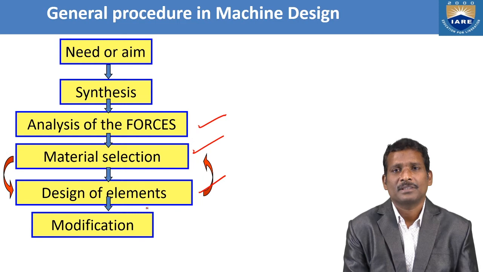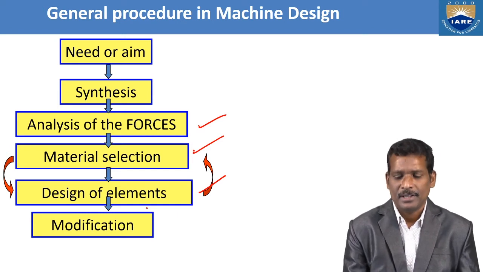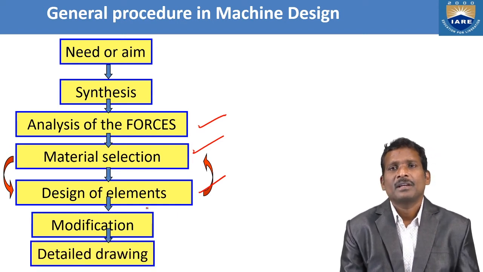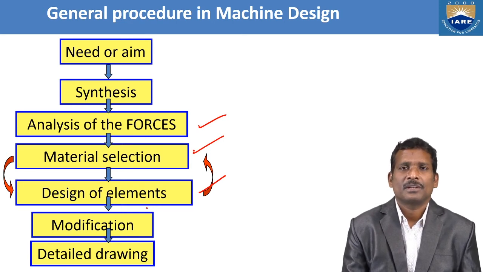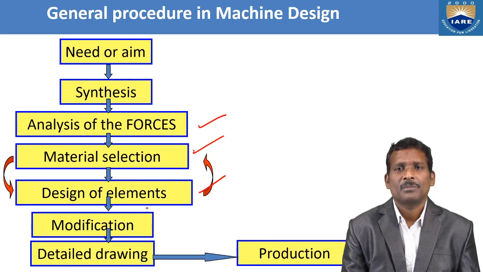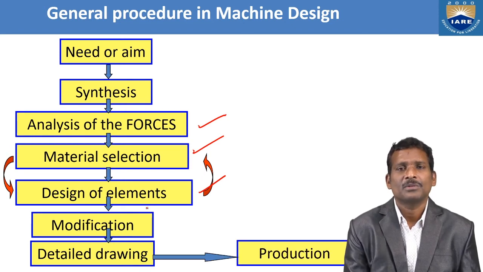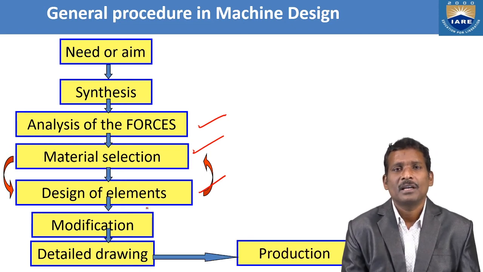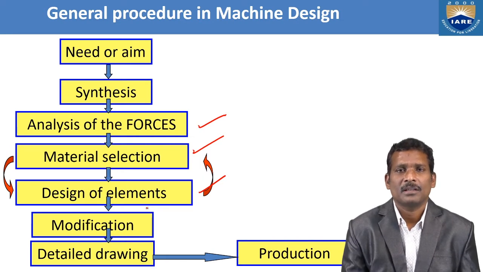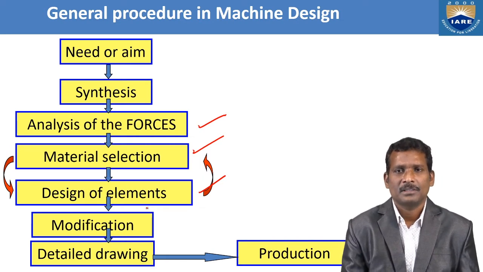If any changes are required, immediately modify, and you can change the materials again. Then comes the detailed drawing: prepare the drawing for each and every element of your machine, and then finally it goes to production. This is the step by step design procedure in machine design.